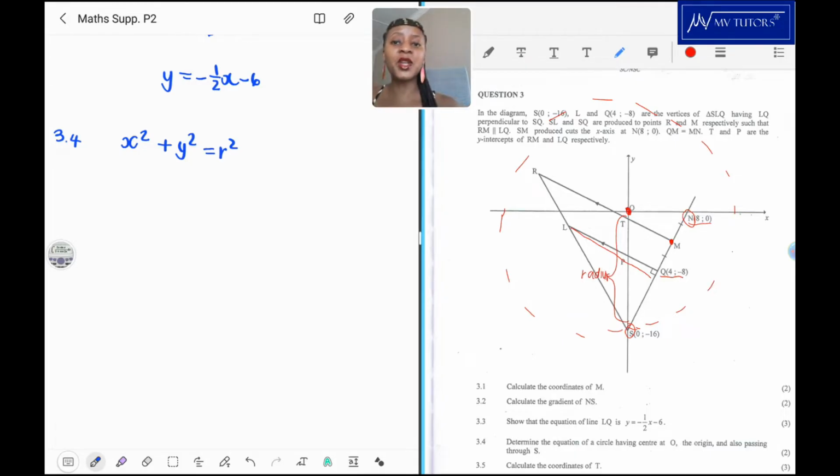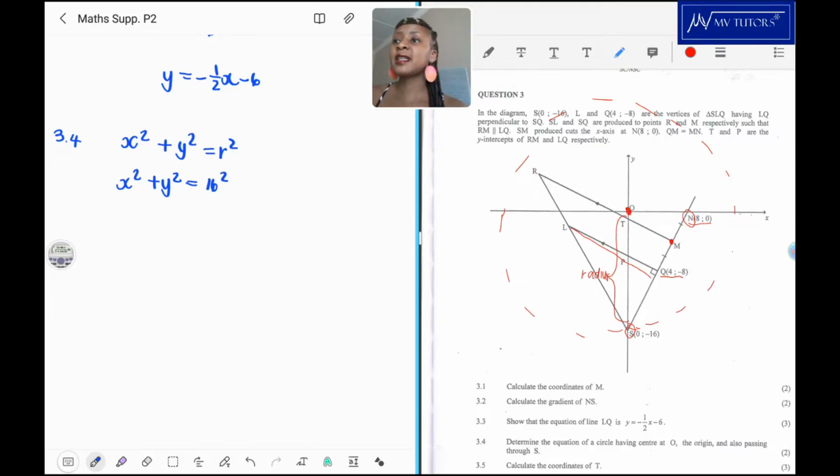We already know that that length is 16. We're going to take the positive, so it's 16. So we can then say x squared plus y squared is equal to 16 squared.